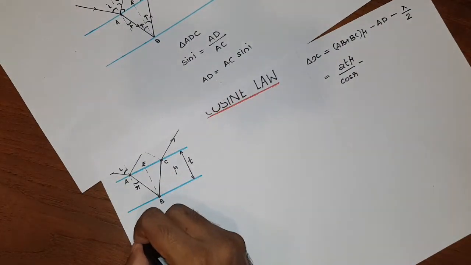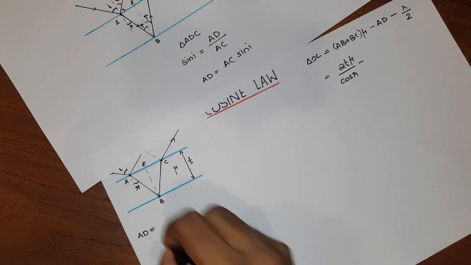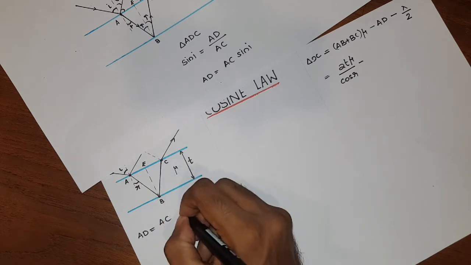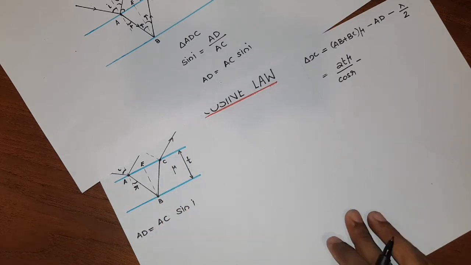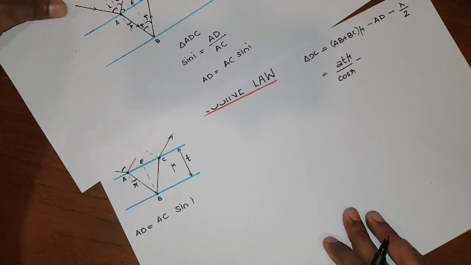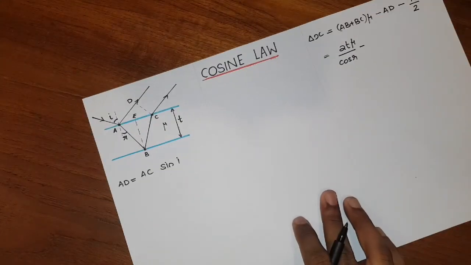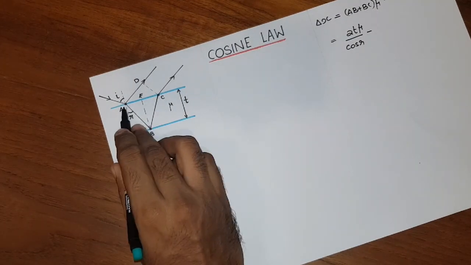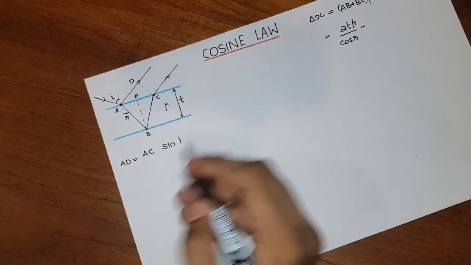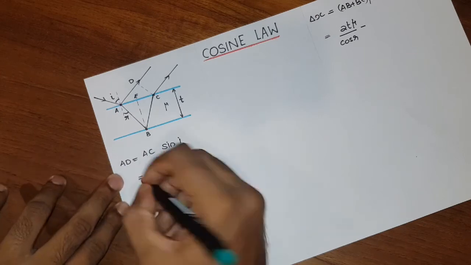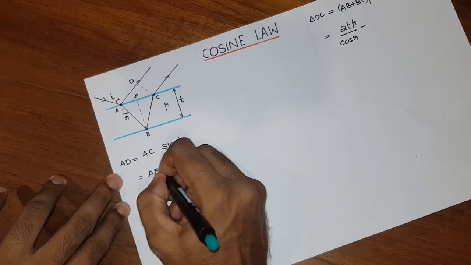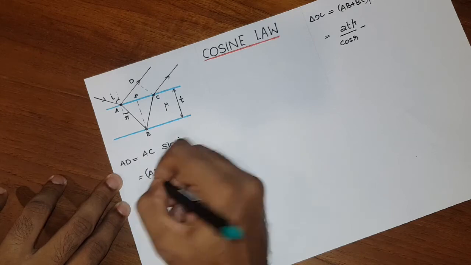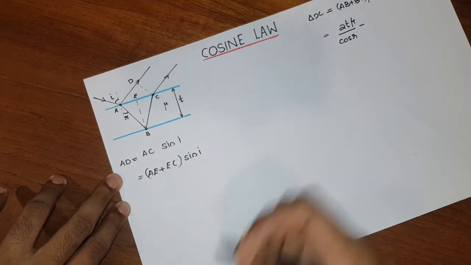AD equal to AC sin I. We know that. Now what about AC? AC can be written as AE plus EC. So AD can be written as AE plus EC into sin I.